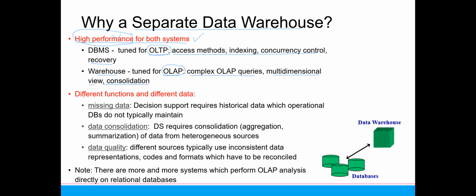And we have different function and different data on OLTP and OLAP in the handling of missing data. So if you are dealing with the data warehouse, we need to do something with the missing data, but you don't need to modify the operational DB.